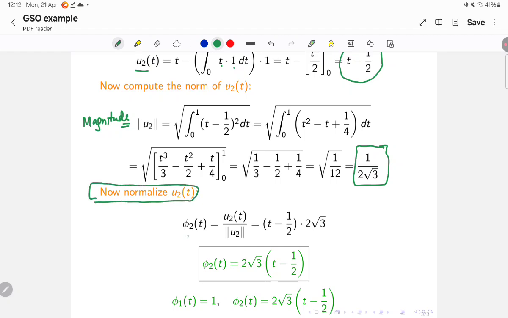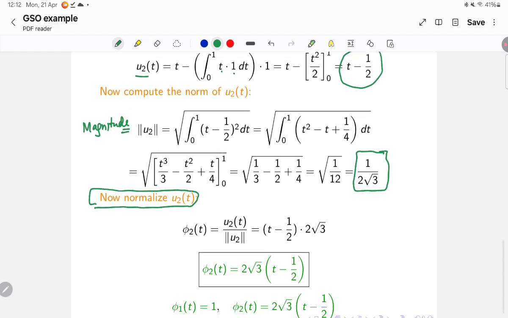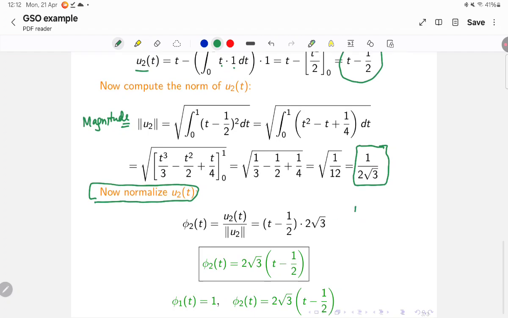We will normalize U2 with the help of its magnitude, so phi2 will be t minus half divided by 1 divided by 2 root 3.